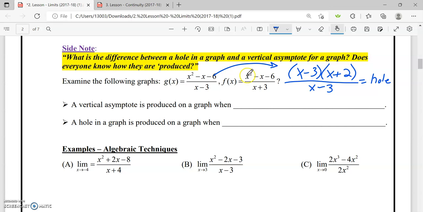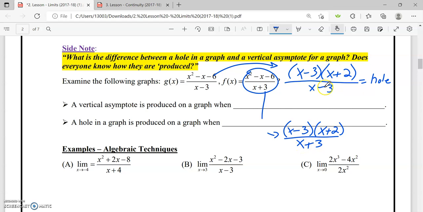If we were to look at this function here, I'm going to bring that down to here, we get x minus 3, x plus 2. But instead we get x plus 3 on the bottom. Now this denominator, x plus 3, does not cancel. So what this means is when this equals 0, so at negative 3, we get an asymptote.